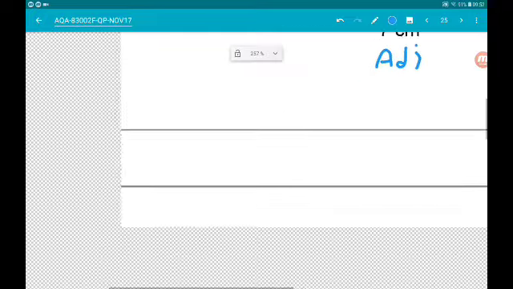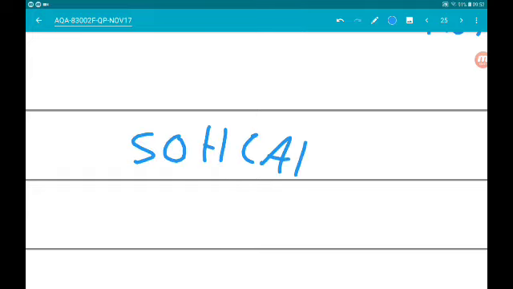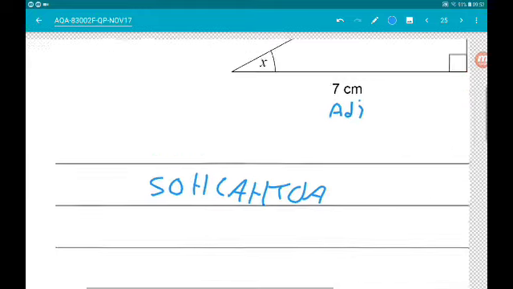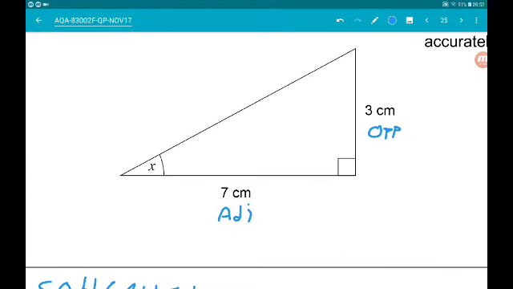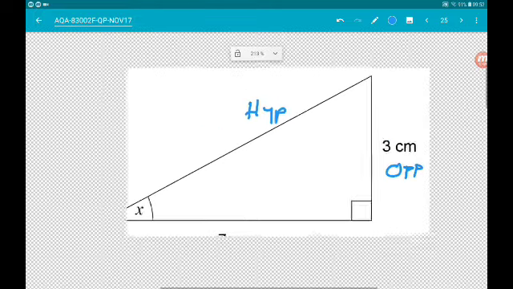Now we go to SOH CAH TOA to work out which trig function we want. So SOH is O and H. Now CAH is A and H. This, by the way, would be the H, the hypotenuse, but we don't know it.